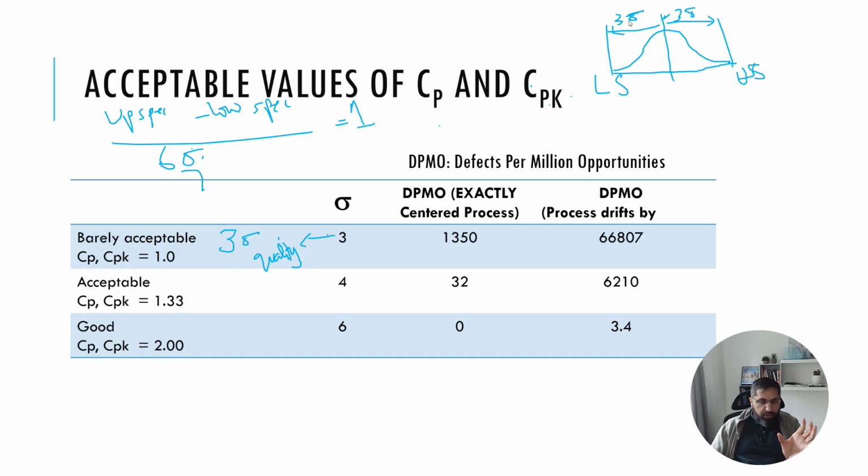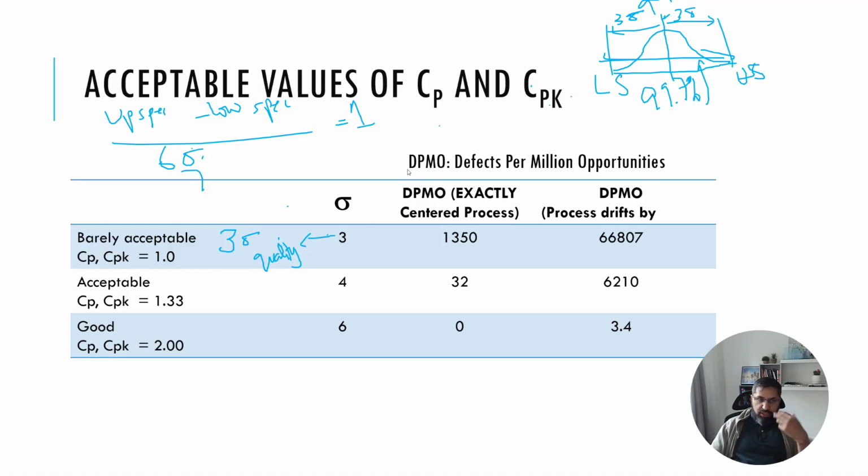In a normal distribution, usually 99.7% of values are within 3 sigma of the center. So if the 6 sigma of your process is the same width as the specs, then 99.7% of the time, or some high value like that, you're going to be within the specs if you're centered properly. Okay, so that's called 3 sigma quality.